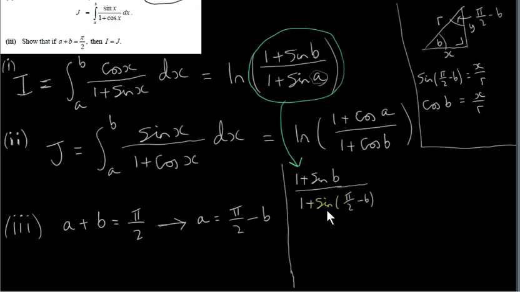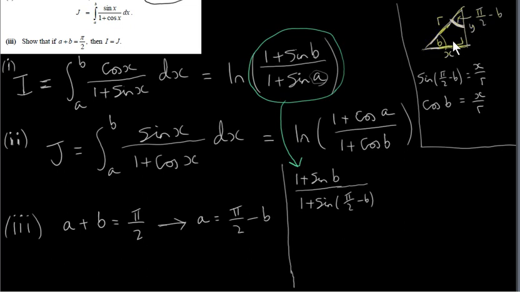There are two ways we can look at the sine of pi over 2 minus b. One way is to look at a right angled triangle with angle b in it. If this angle is b, then this angle here is just 90 minus b. 90 in radians is pi over 2 radians. You can see that the sine of this angle, pi over 2 minus b, is the side opposite this angle, which I'm calling x, divided by the hypotenuse, which is r.